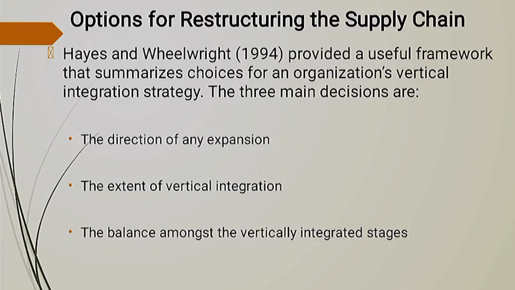Hayes and Wheelwright provided a useful framework that summarizes choices for an organization's vertical integration strategy. The three main decisions are, first, the direction of any expansion. Should the company aim to direct ownership at the upstream or downstream supply chain? The pharmaceutical companies referred to above have decided to buy into the downstream part of the supply network, meaning downstream vertical integration.